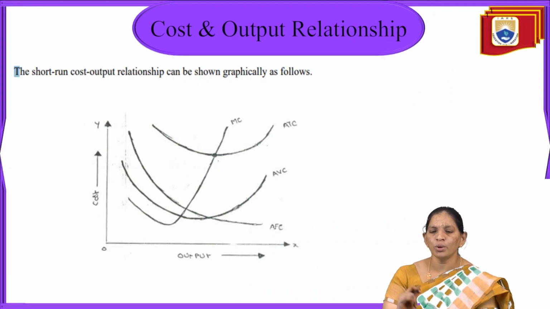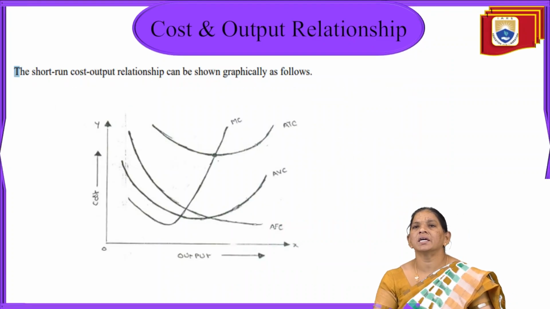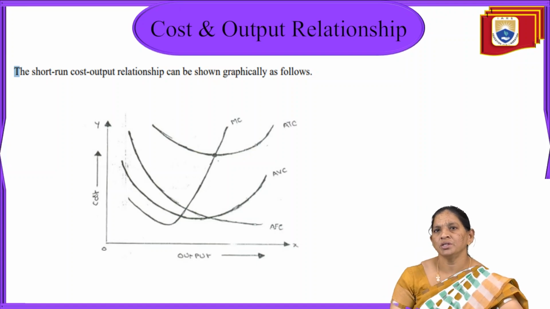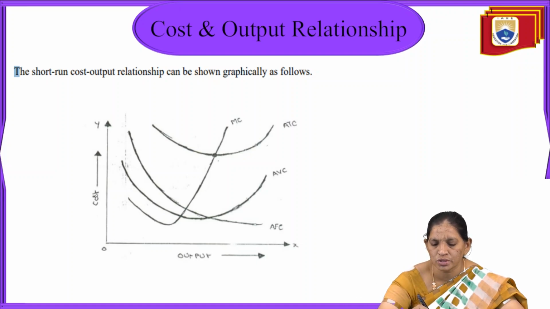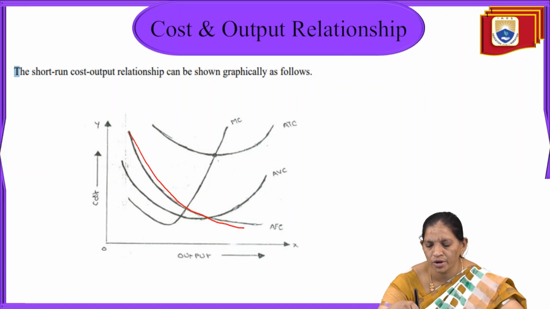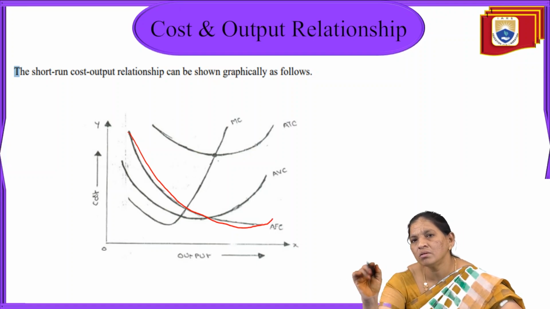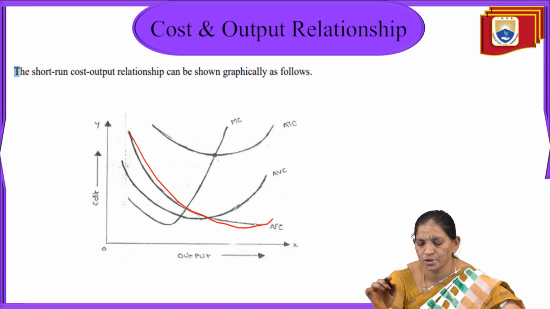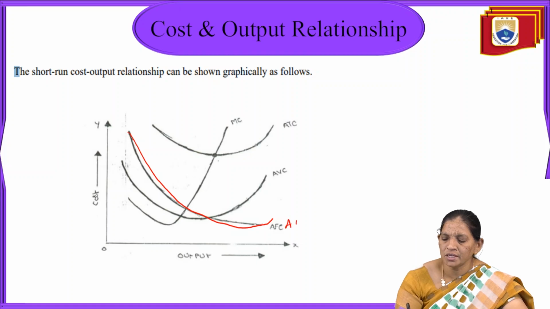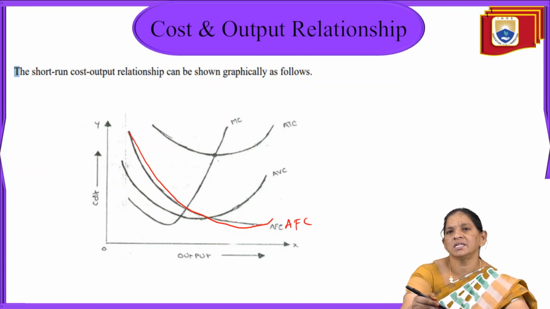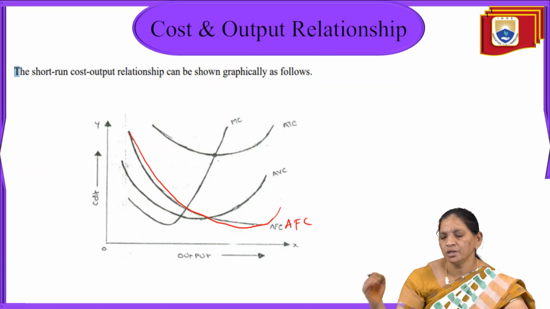We can also identify this in the graphical representation of the short-term relationship. As we have seen, the average fixed cost is trending, and I already told you that all costs are U-shaped curves. So this is the average fixed cost, where it stands like a U-shaped curve.